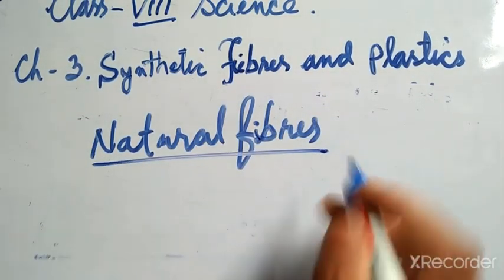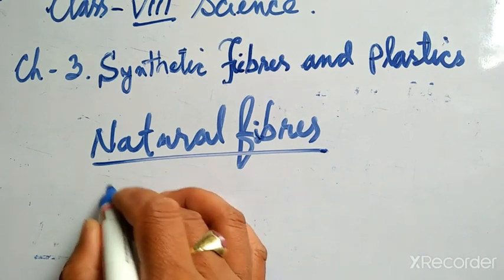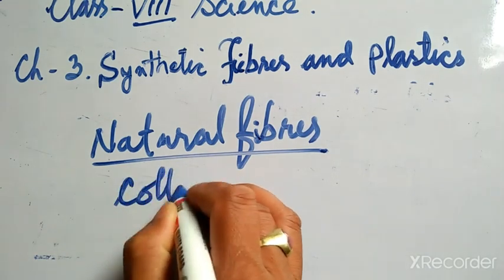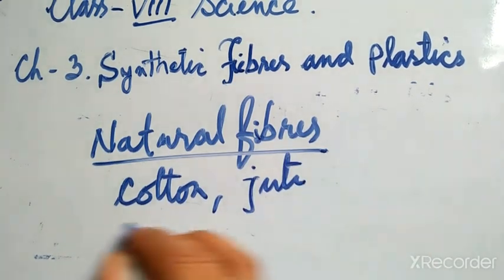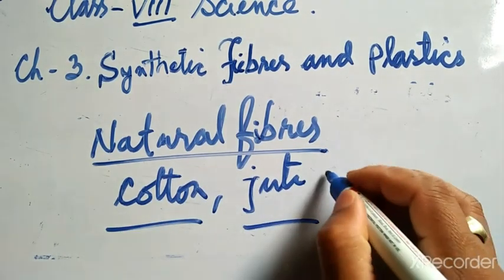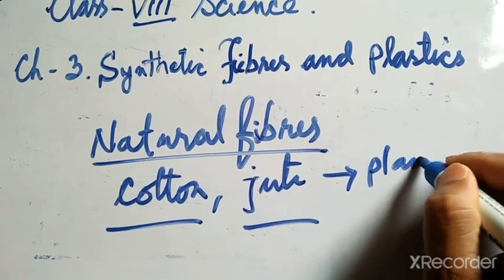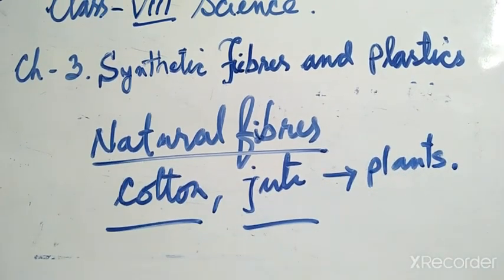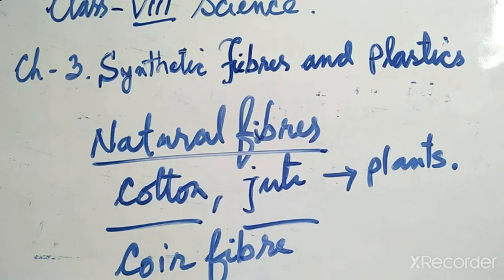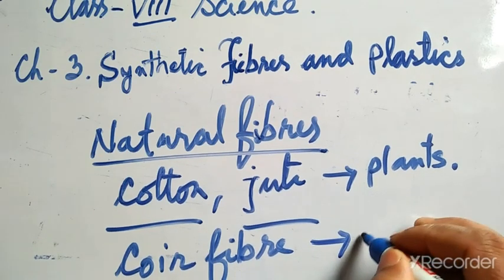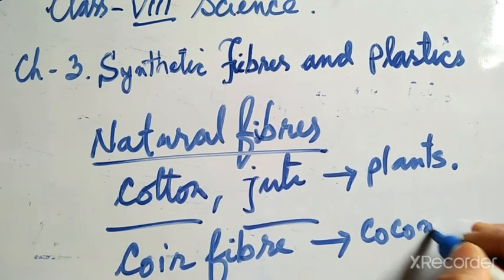We can mention cotton, then jute. They are natural fibers obtained from the plant. And there is also one more fiber that is called coir fiber, C-O-I-R. Coir fiber is obtained from the coconut plant.